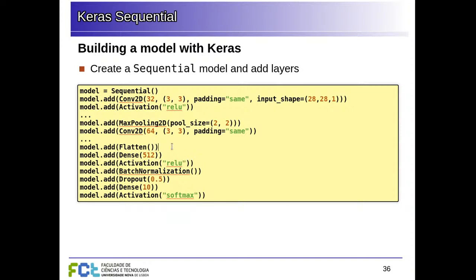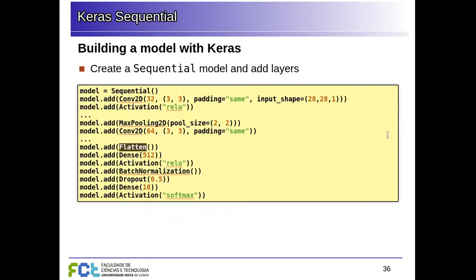But in any case, we need to convert this into a matrix where all these 14 by 14 by 64 features are in columns in our matrix, so that we can feed it into the fully connected layers that are called dense here. And for that, we're going to use flatten. So flatten is a special layer in Keras that will flatten everything except the first dimension, because the first dimension is the dimension where we keep the different examples in our mini batch.